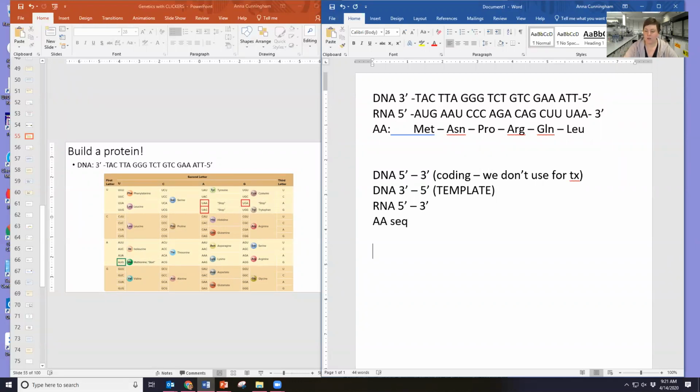But the big thing I wanted to point out here, using the codon table: DNA to DNA, DNA to RNA, that's all complementary nucleotides. And then the amino acid sequence is using the codon table. So again, I will provide you with the codon table, but you do need to know those complementary base pairs.